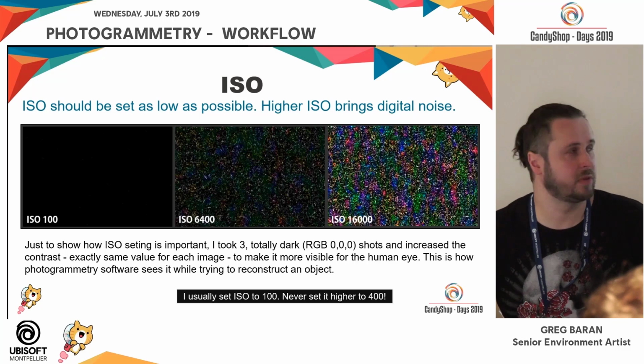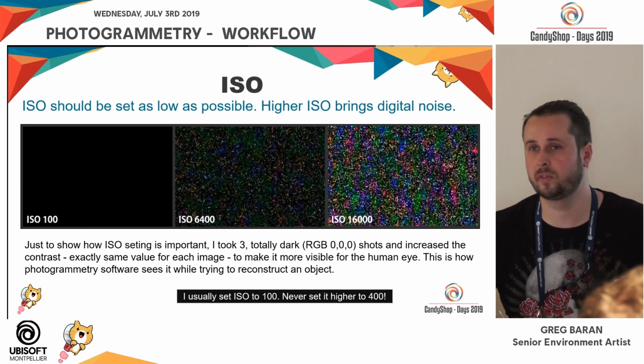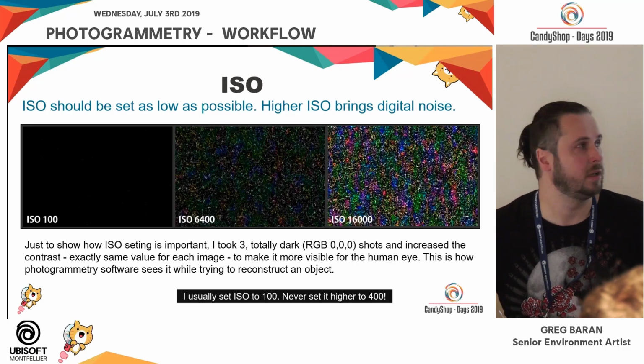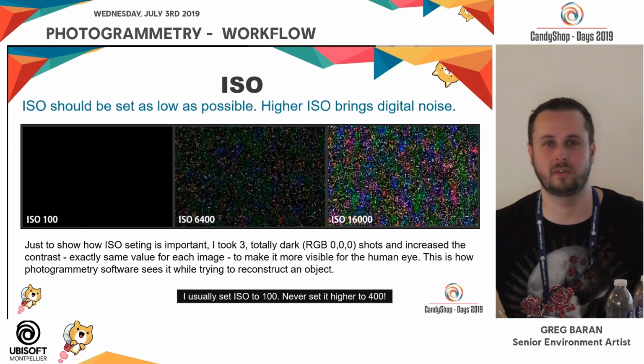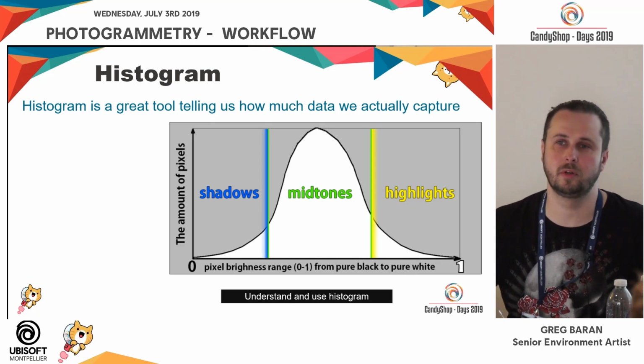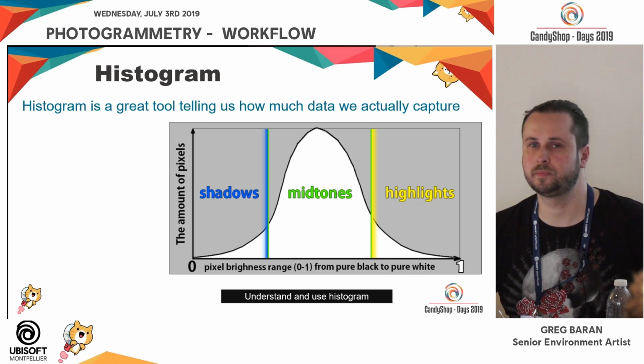With ISO 6000, you can see there is a lot of noise, and with 16,000 it's even more. So shooting the same thing with that setting would mean that photogrammetry software will try to reconstruct fake data which doesn't exist in reality.